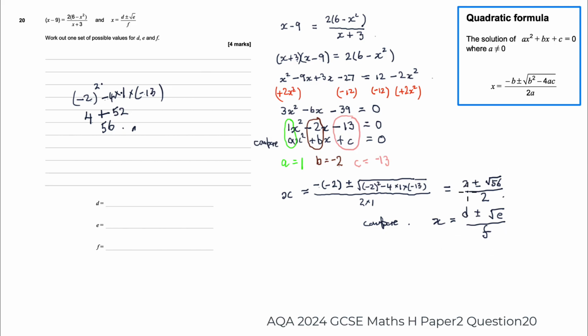You can see that d is 2. E is not root 56, E is the number under the square root sign. So E is 56 and F is 2. So let's write that down. D is 2, E is 56 and F is 2.